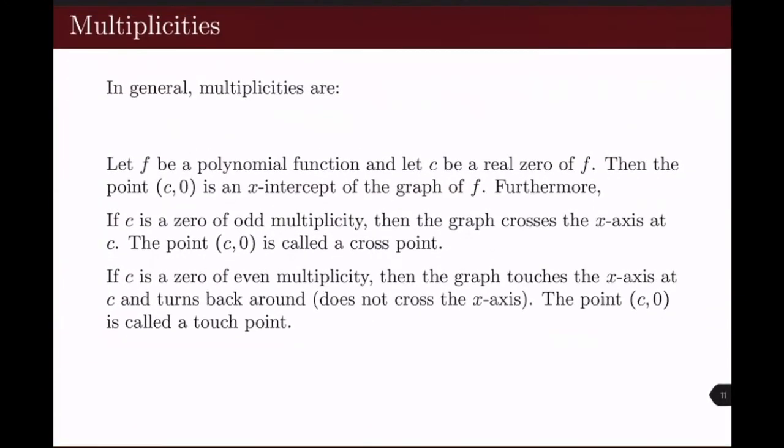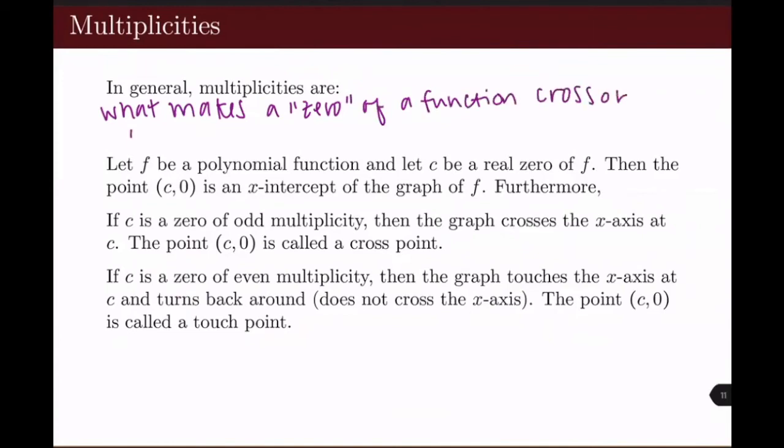In general, multiplicities are essentially what makes a 0 of a function cross or bounce on the graph, or on the x-axis, really. So the multiplicities are either odd or even.